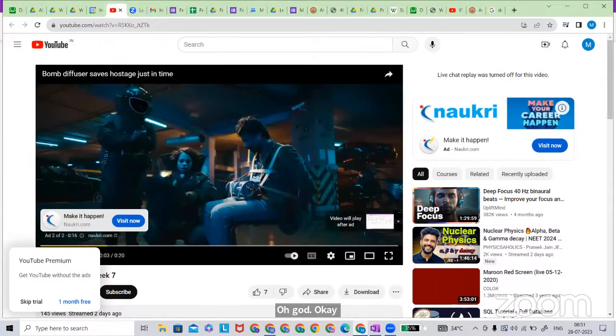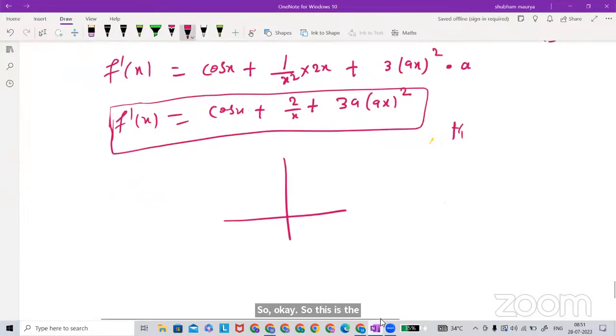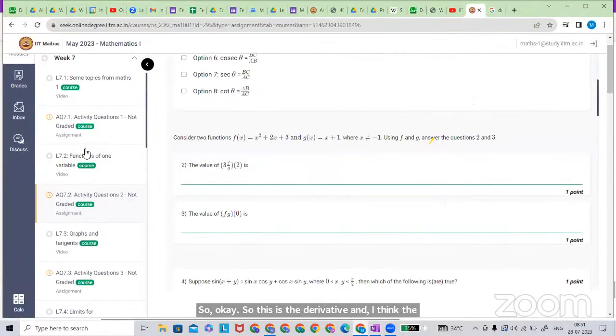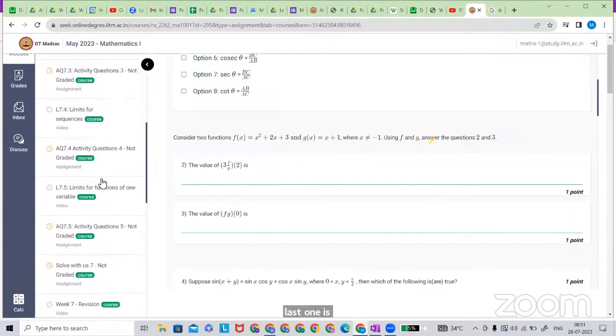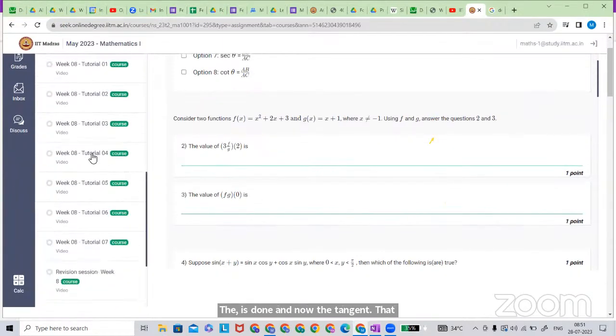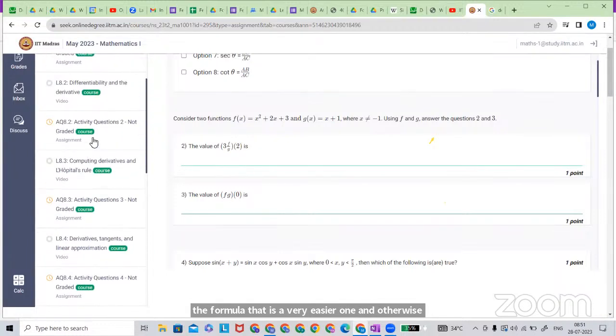Okay, forget this one. So this is the derivative, and I think the derivative topic is done. Now the tangent is just a formula, a very easy one. Otherwise, there are linear approximation and L'Hopital's rule.